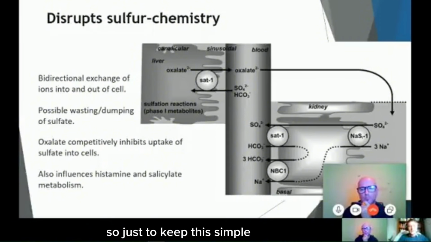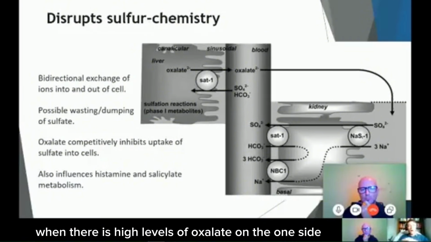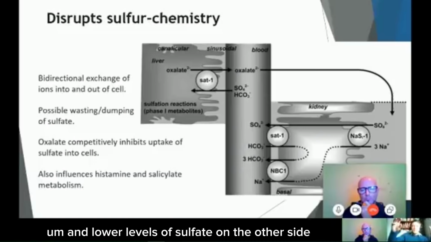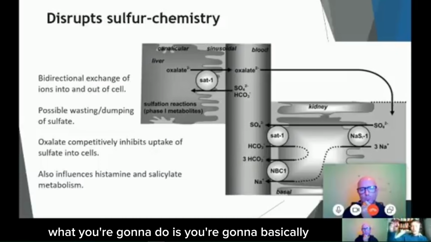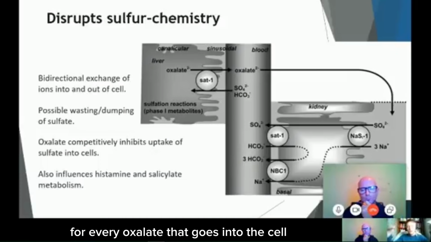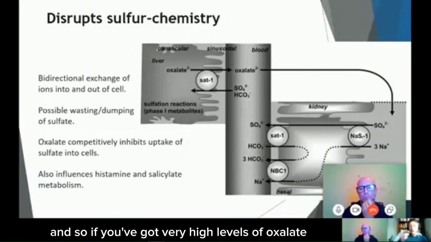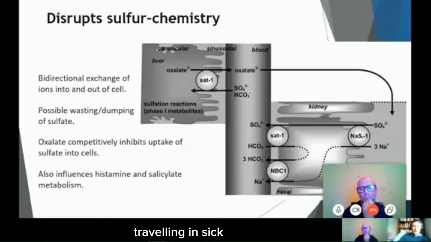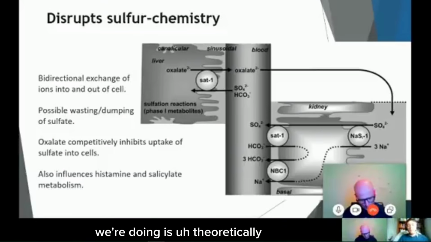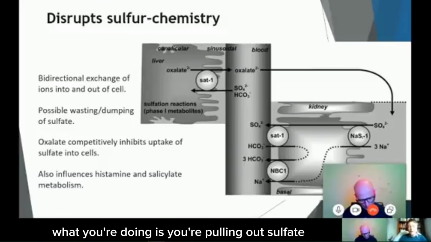So just to keep this simple, basically when there are high levels of oxalate on the one side and lower levels of sulfate on the other side, for every oxalate that goes into the cell, a sulfate is going to go out of the cell. And so if you've got very high levels of oxalate traveling in circulation, theoretically what you're doing is you're pulling out sulfate.